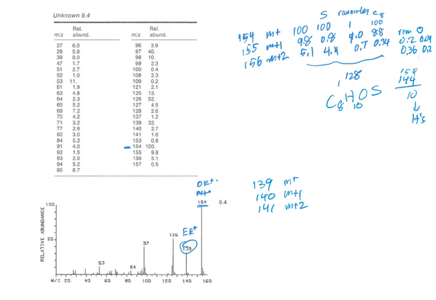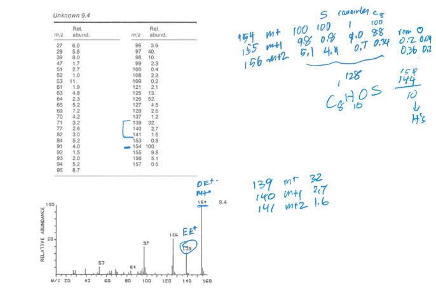All right, and we're going to write these in. 139 right here, 32, 2.7, and 1.6. Okay, so now what we have to do, because this isn't the base peak, we have to normalize this up to 100%, right?